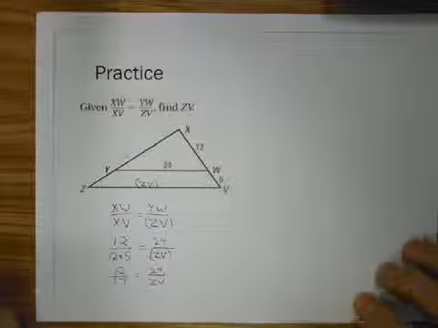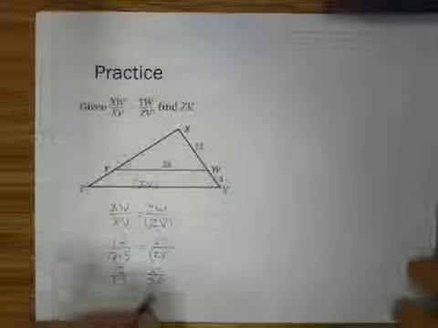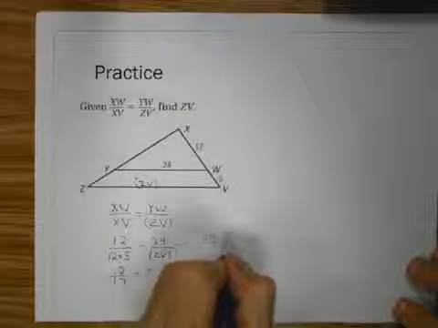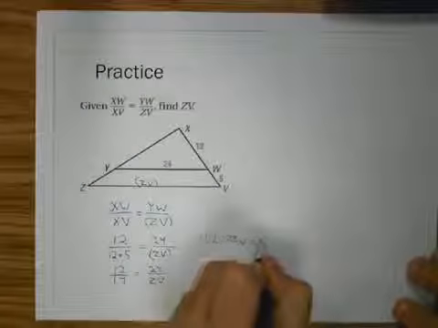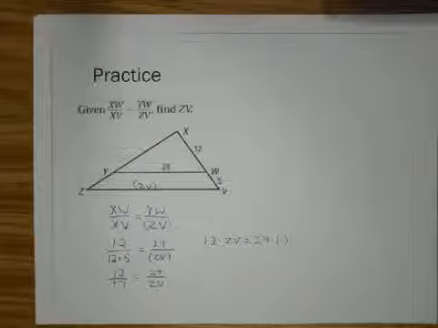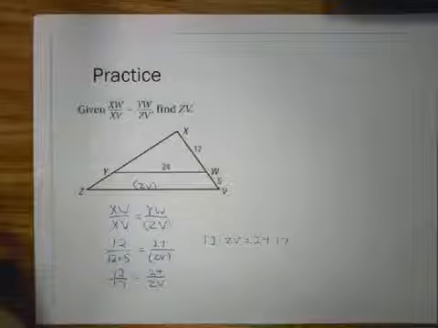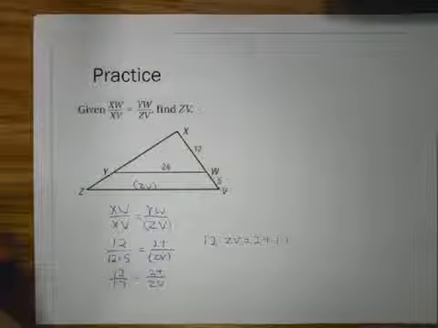Well, before we do cross product, let's clean this up and make this into a 17. So 12 over 17 equals 24 over ZV. We're now going to do cross product. So I'm going to have 12 times ZV equals 24 times 17. Looks like I'm going to need a calculator.